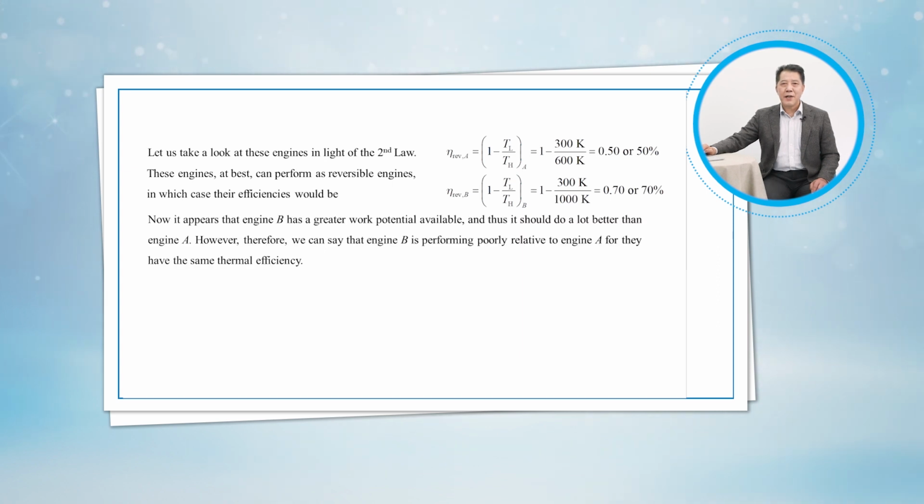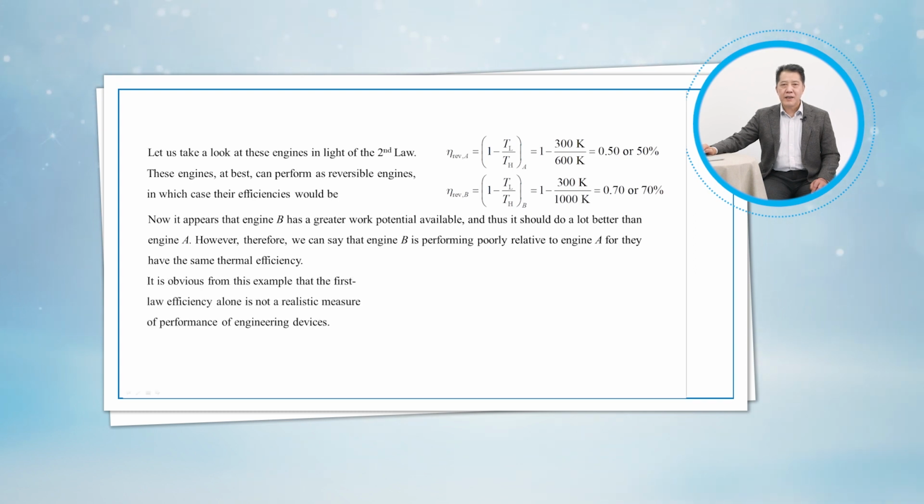Now, it appears that engine B has a greater work potential available to it, and thus it should do a lot better than engine A. Therefore, we can say that engine B is performing poorly relative to engine A, even though both have the same thermal efficiency.